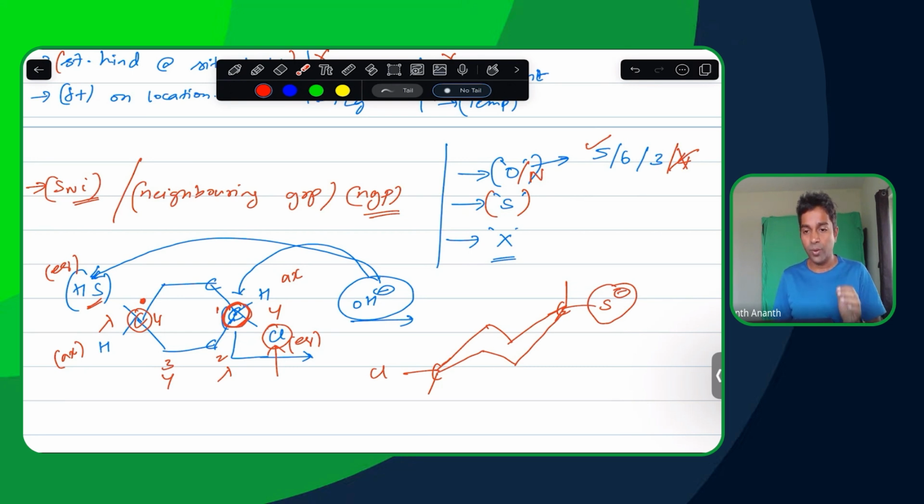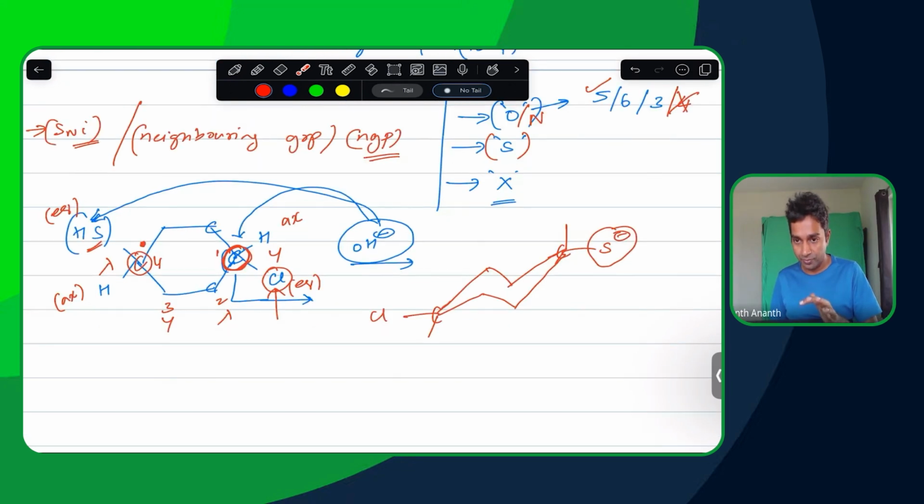If this question was given as a single option correct question, and the options given do not have any funny options, like the chlorine here, or the nucleophile attacking this carbon and retaining the location, or hydrogen, or the axial location taking the nucleophile, you can happily say that is not going to happen.